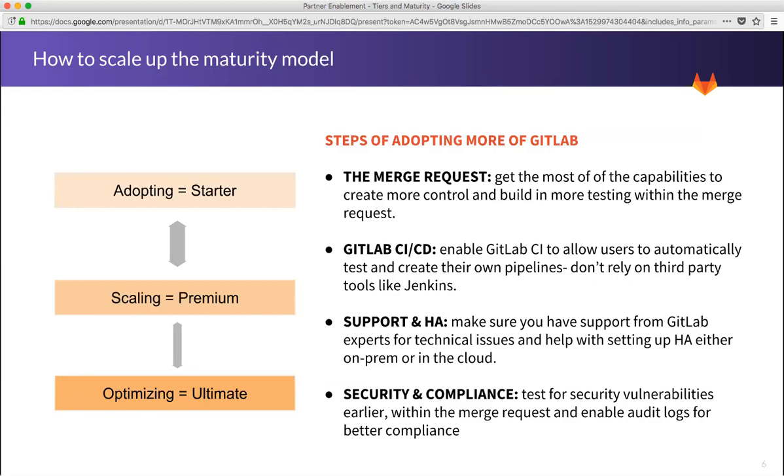You have things like geo-replication and high availability, and there may be a need for more support. And then eventually they get to a point where they're starting to look at doing things like other tests, security testing further left in the process, again, as they mature. And so this might be the next piece that you hear them talking about at this level, that brings them into the ultimate area.